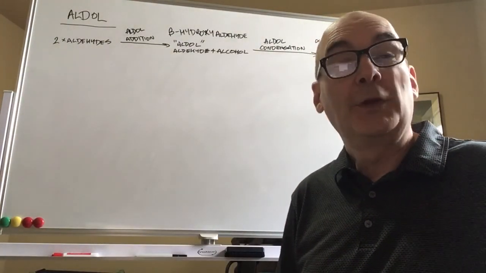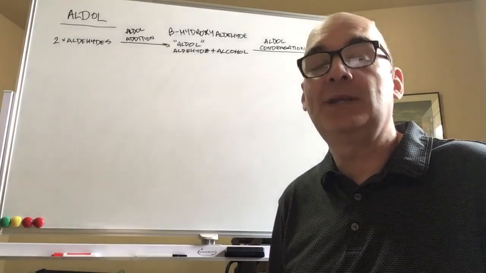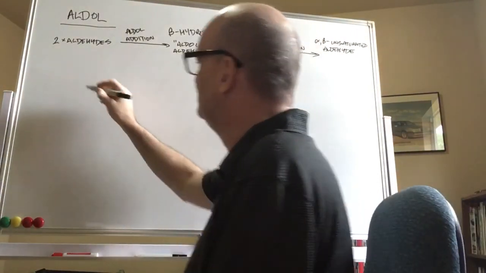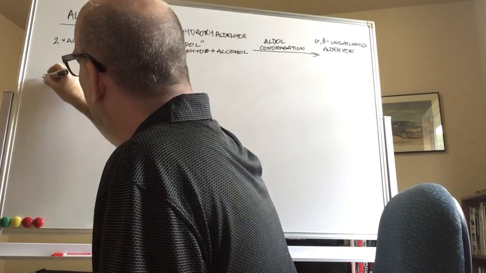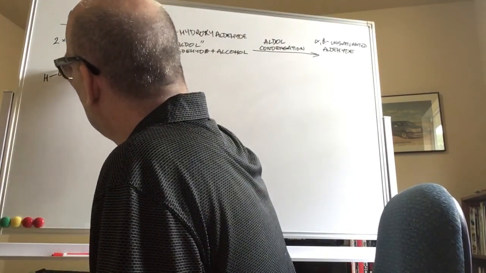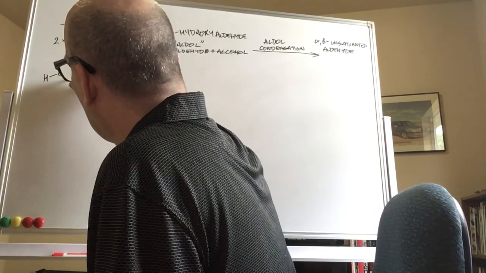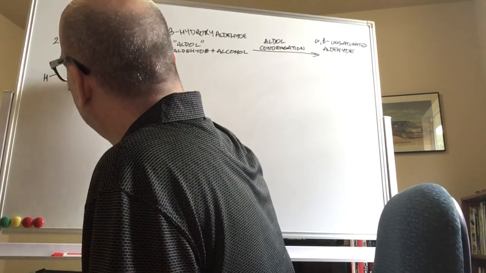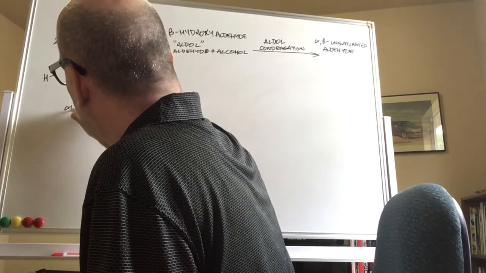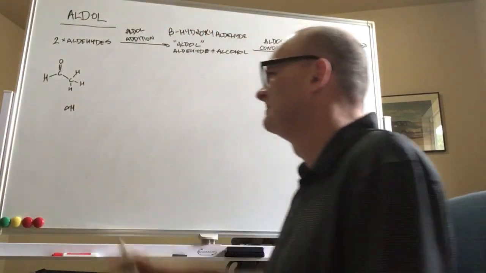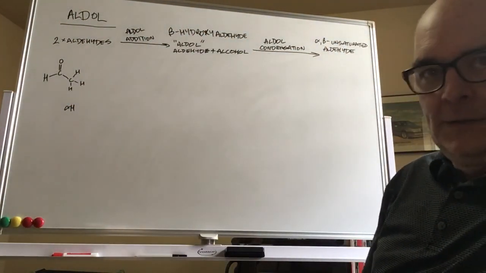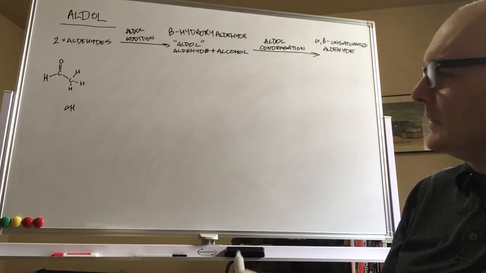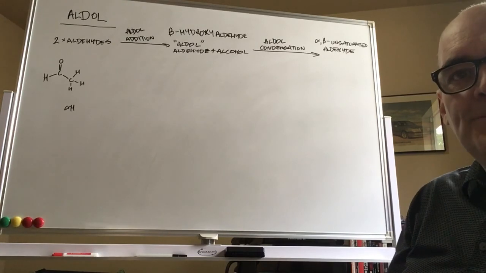Okay, I'm going to give you the simplest version that you can get. This is a carbonyl. It has alpha hydrogens, 3 of them.